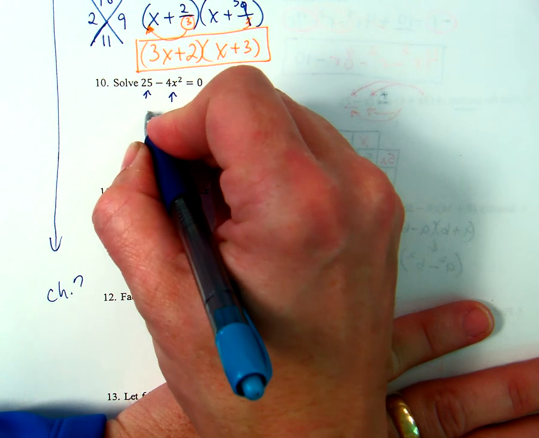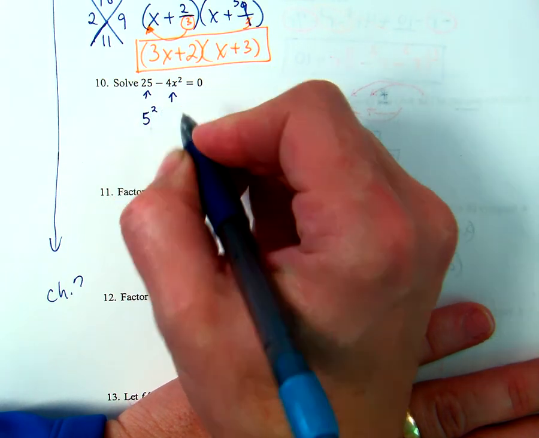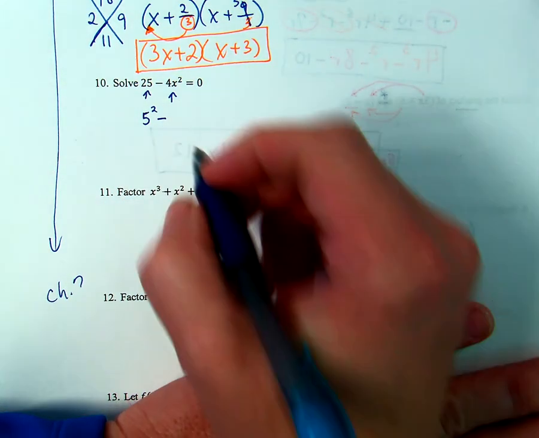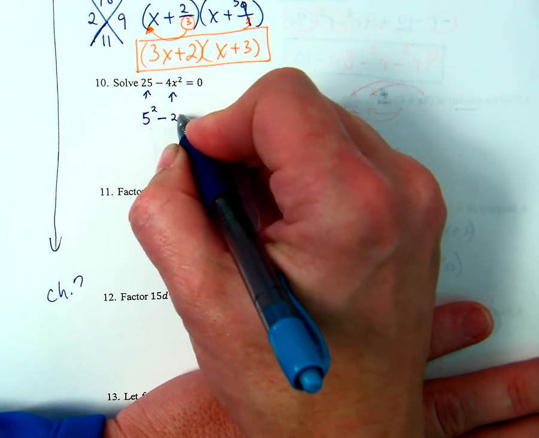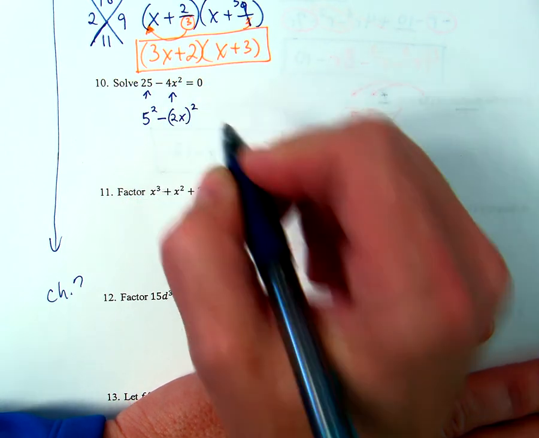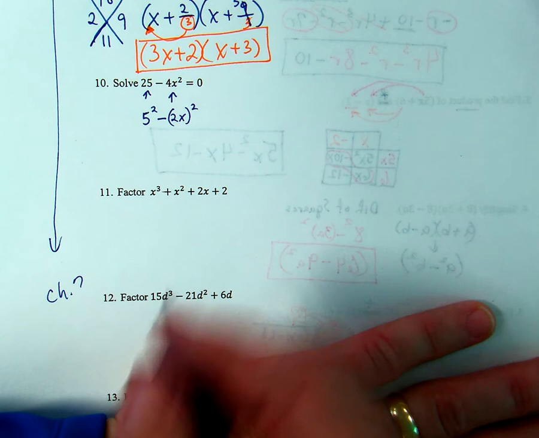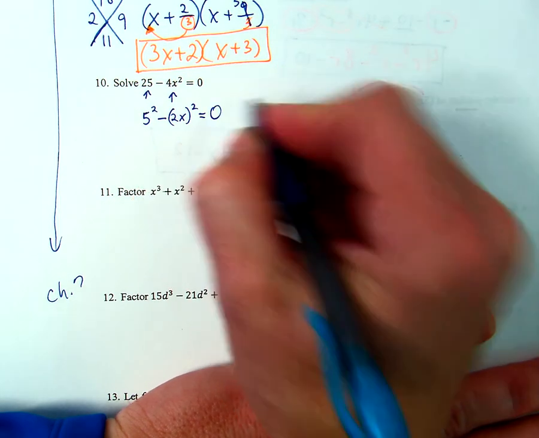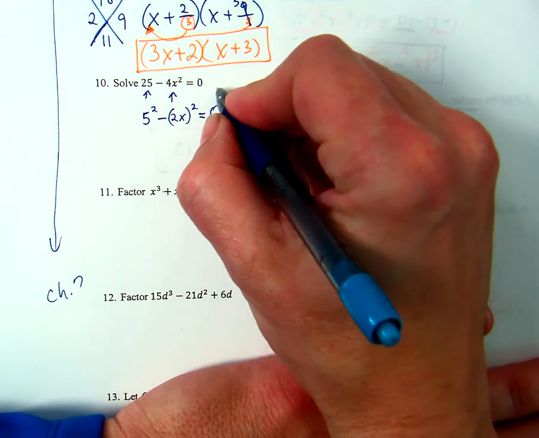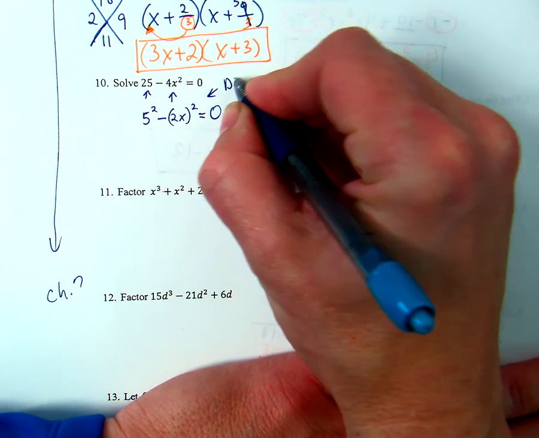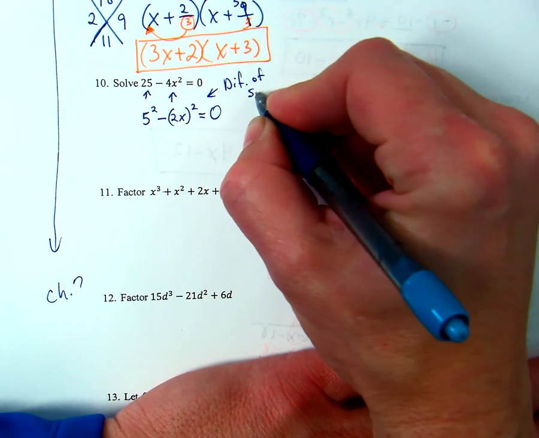And so I could say this is actually 5 squared minus, and if I took the square root of 4, that's 2, and the square root of x squared is just x. So I have 5 squared minus 2x squared equals 0. Again, we're just working backwards now, but this is a difference of squares.